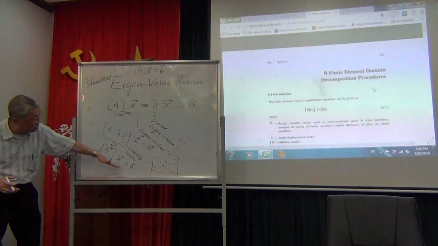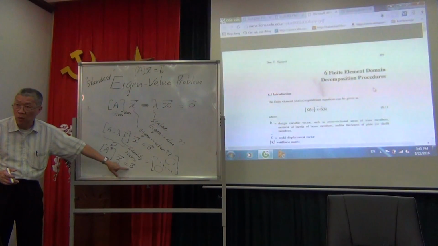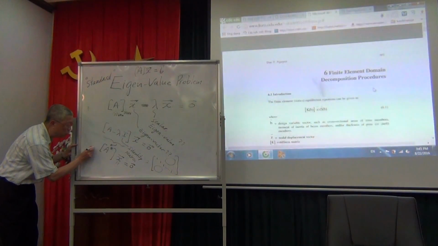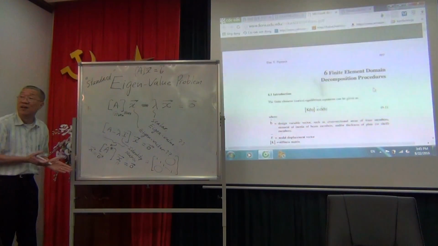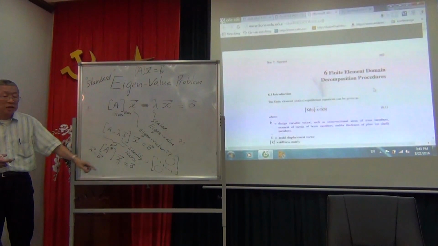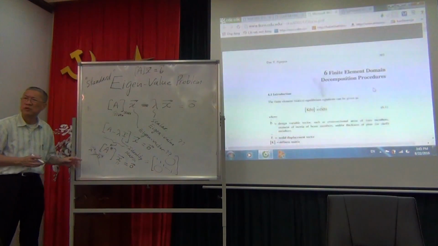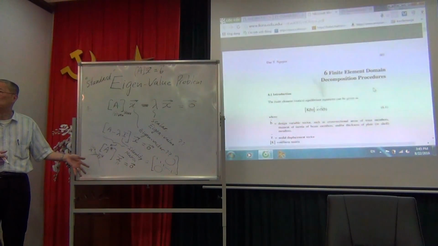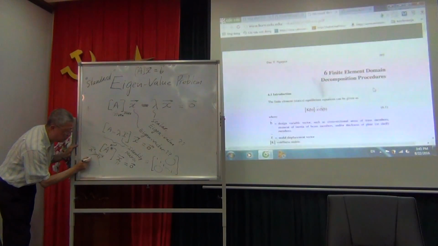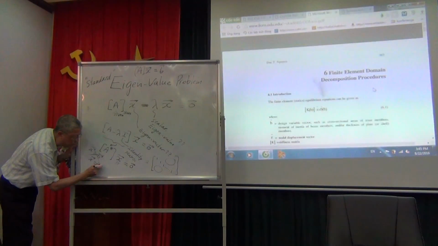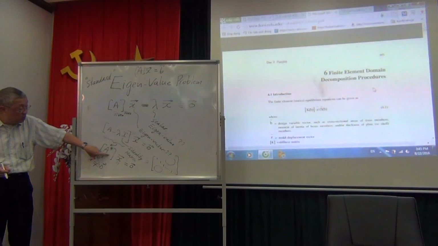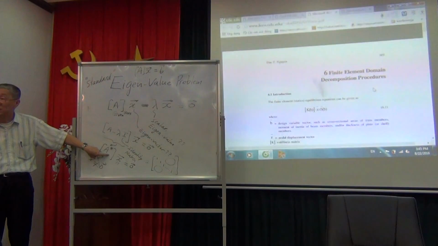So when you have a system of equations and the right hand side equal to 0, what is x? Of course, x is equal to 0, because when x equals 0, it will satisfy this eigenvalue problem. But we don't like it because this is called a trivial solution. We don't want it. So in order to have a solution x which is different from 0, what is the requirement? The determinant of A star has to be 0.